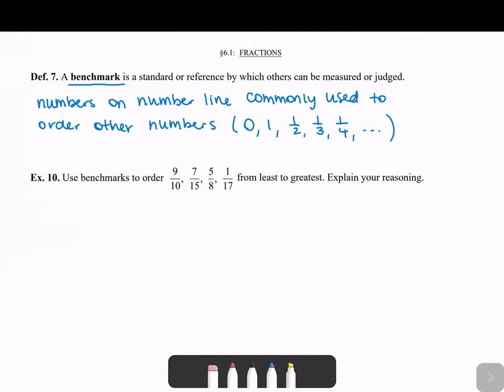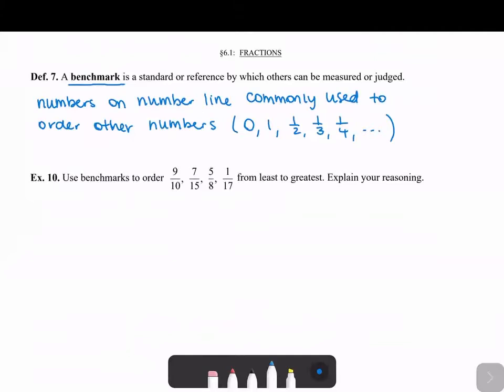I think the best way to see how this works is just by doing examples. There's examples in the book, but we're going to do some here as well. Use the benchmarks to order these from least to greatest. Let's start with using 0.